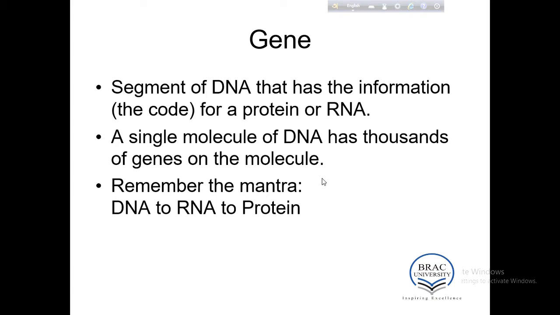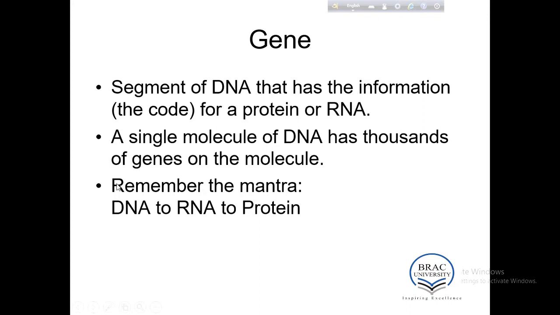So this gene has the information for protein synthesis or RNA synthesis. We will learn about both protein synthesis and RNA synthesis in our upcoming lectures. This single molecule of DNA has thousands of genes, as I mentioned just now. Now there is a mantra or a dogma that is called the central dogma.